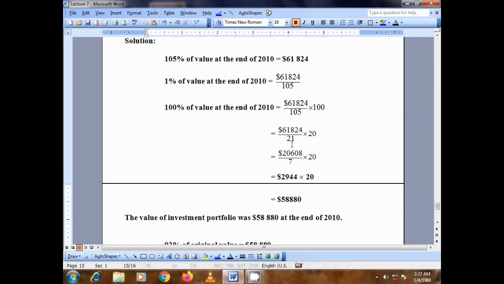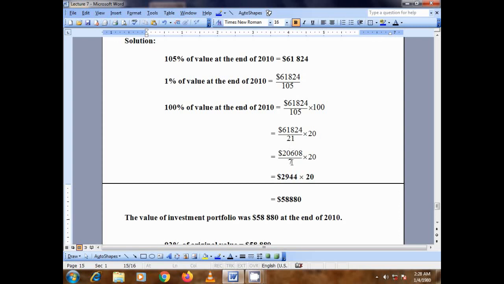Next step. Now again, numerator 61,824 and denominator 21 both are multiples of 3, not 7. So we will divide this numerator and denominator by 3.